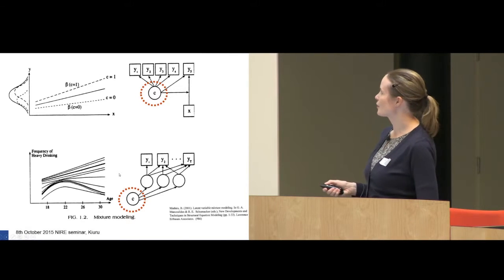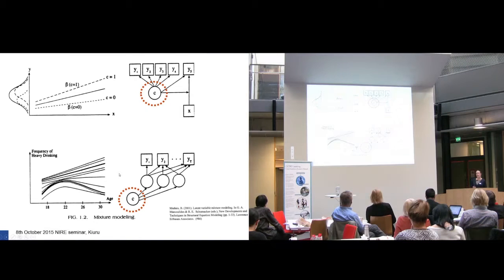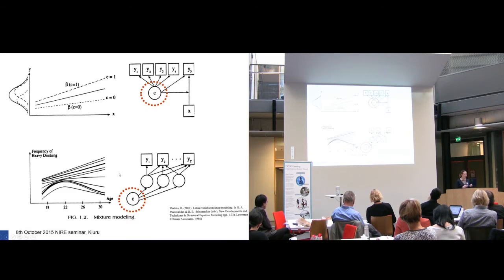So in this kind of situation, it's not realistic to assume that only one average development could capture the shape of change in the data. You probably need two different subgroups, and within those subgroups there can still be variability around the average curve of that subgroup.